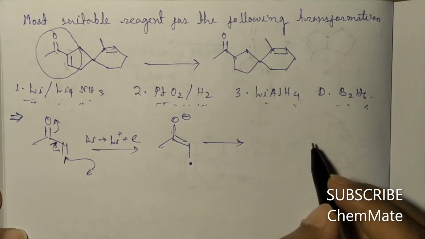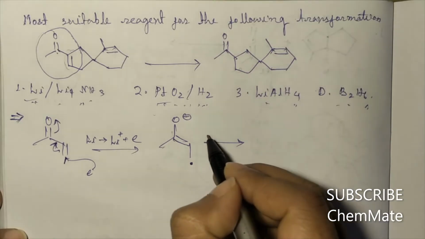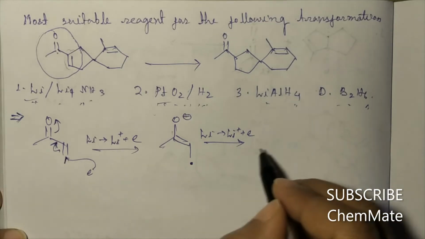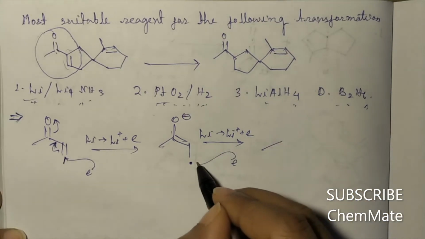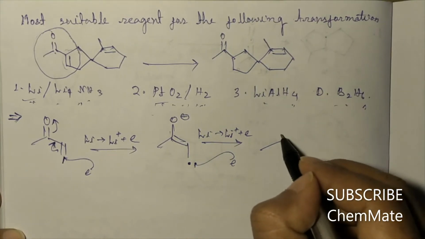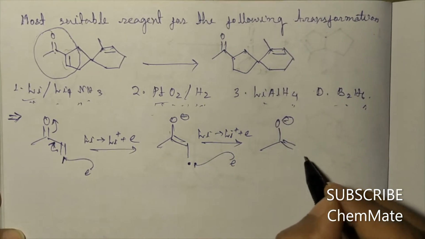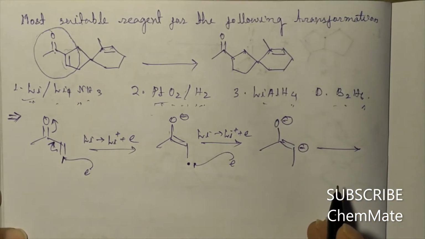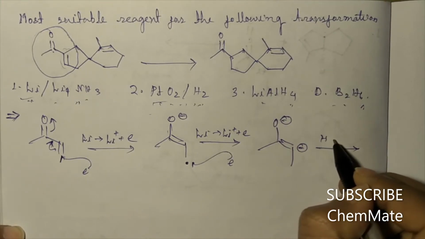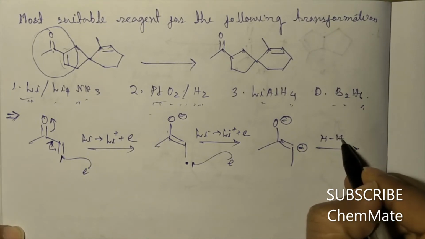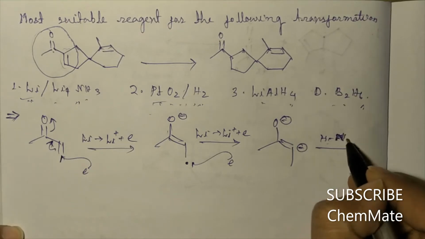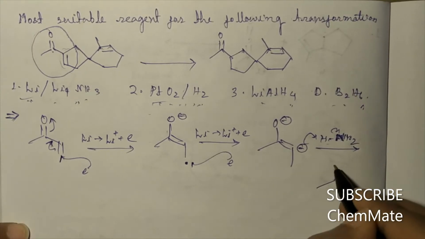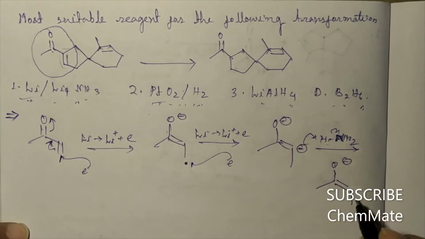Now another electron will be given. So it will be O minus. Here will be a negative charge. Now from NH3, it will take one proton and will be converted to the enolate anion.